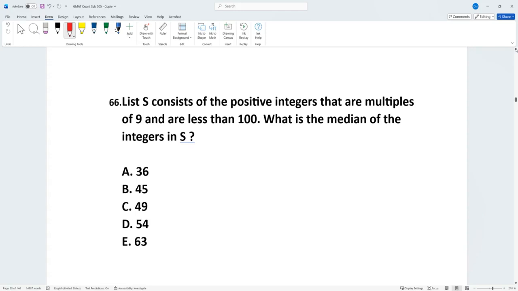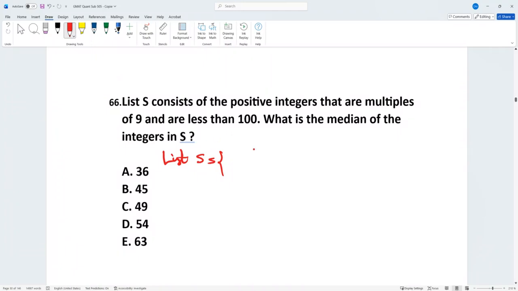What is the median of the integers in S? So we can simply write down the list. It talks about list S, which is made up of the positive integers that are multiples of 9. So we can list the multiples of 9 that are less than 100.